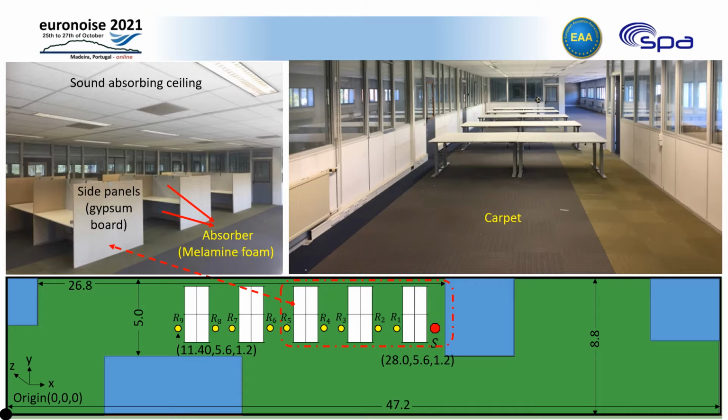To increase sound absorption, 30 mm thick melamine foam is applied to both sides of the upper part of the dividing panels that are along the y direction. Small closed rooms indicated by the blue areas subdivide the long space. The source and the receiver locations are denoted by the red and yellow circles respectively.